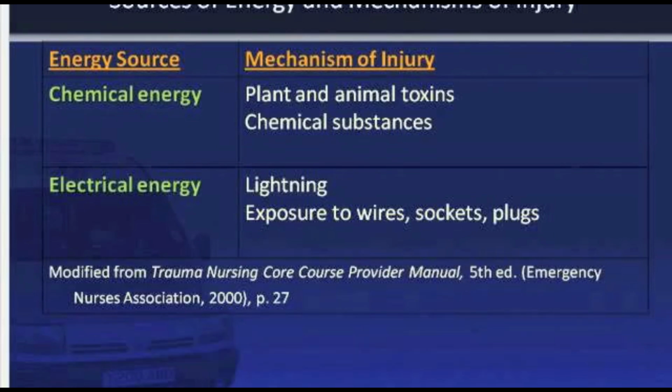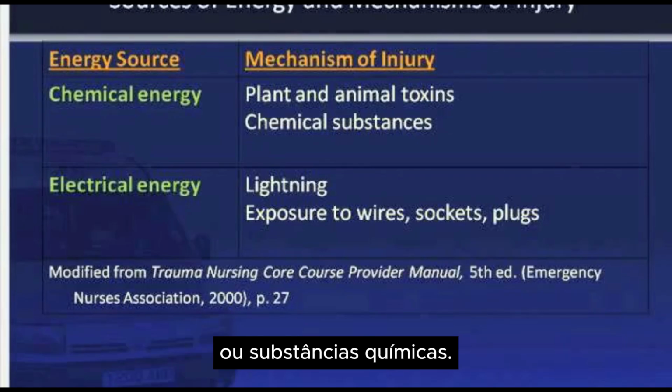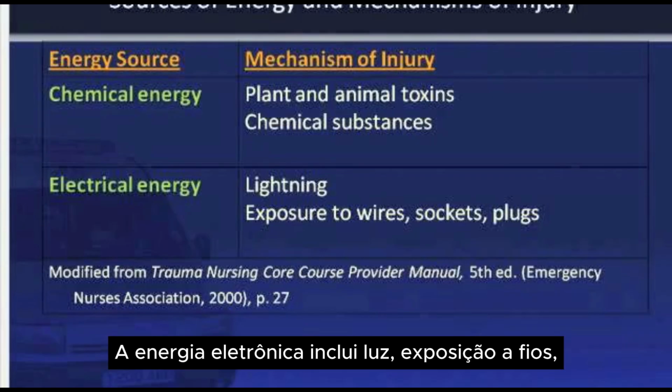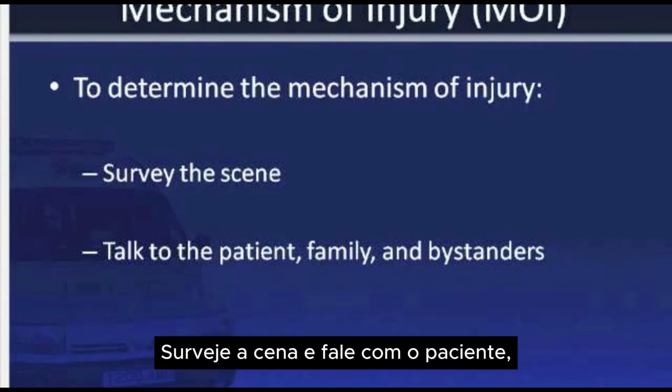You may encounter chemical energy, which may be plant or animal toxins or chemical substances, and electrical energy, which includes lightning, exposure to wires, sockets, or plugs. Survey the scene and talk to the patient, family, and bystanders to determine what the mechanism of injury was.